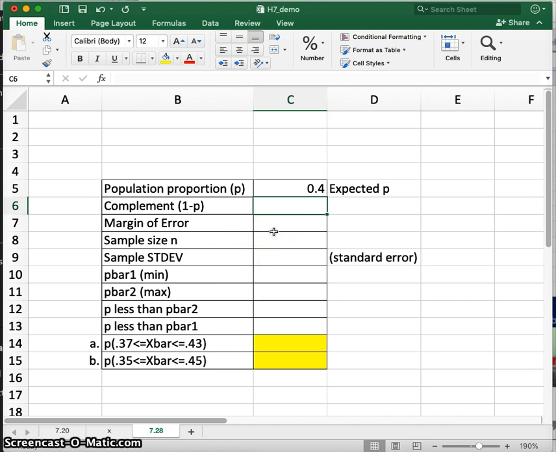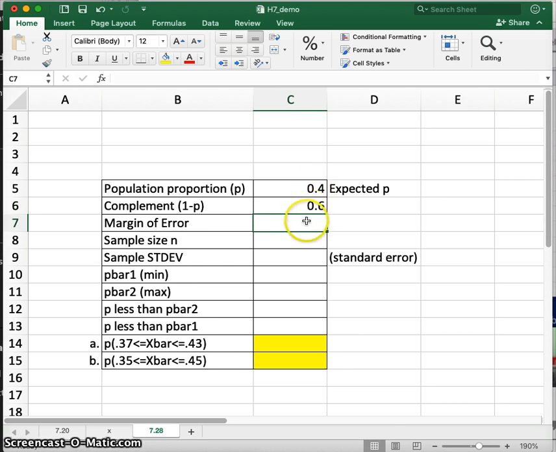Then we want the complement of that proportion. If 40% of the people approve of the job the president is doing, the complement would be 1 minus that, which is obviously 0.6.